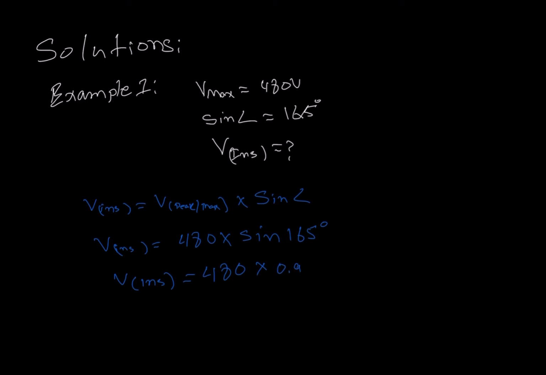Sine of 165 is 0.9977, make it 0.9978. So V instantaneous is equal to 480 times 0.9978, we get 478.94 volts. So the voltage after 165 degrees of rotation is equal to 478.94 volts.